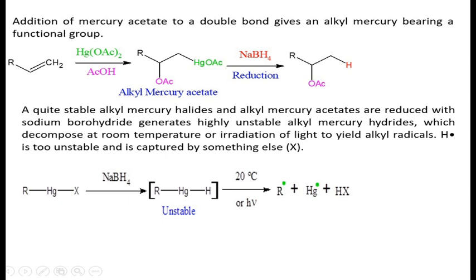Consider HgH in place of the red colored hydrogen. This alkyl mercury hydride, reduced with sodium borohydride as we have studied, is unstable. On irradiation with light or even at 20 degrees Celsius it generates alkyl radical and mercury. This X is something else. Consider it an initiator.